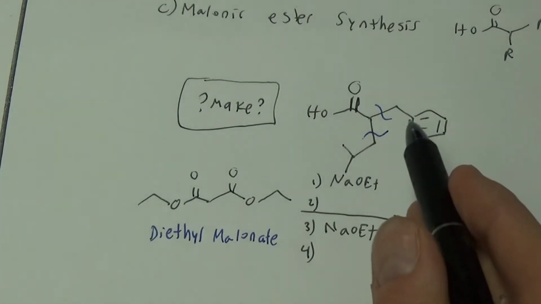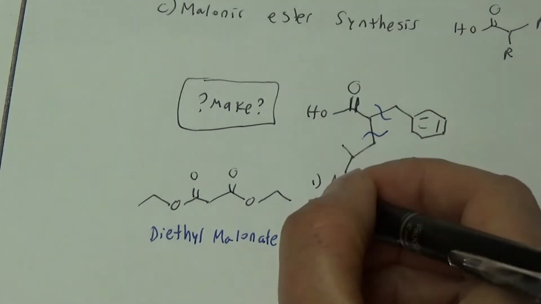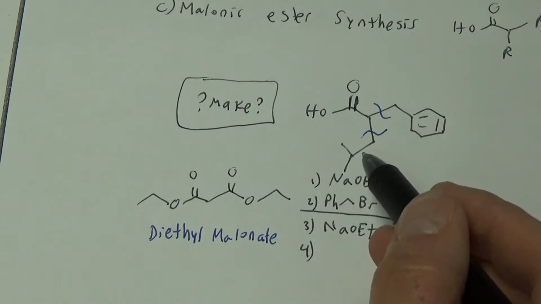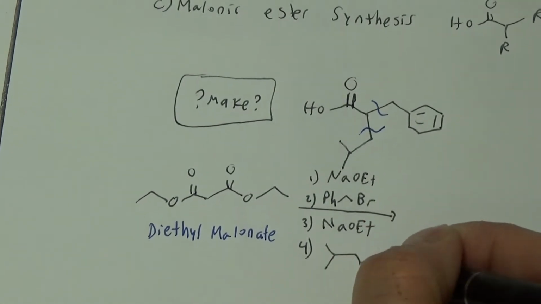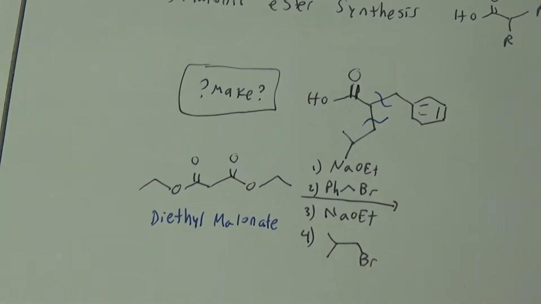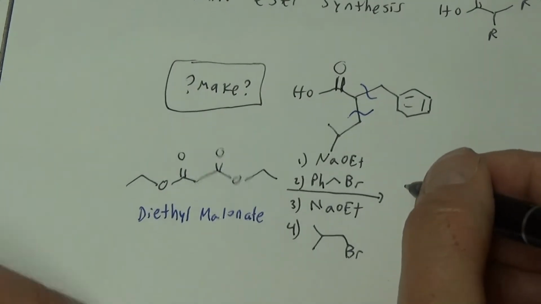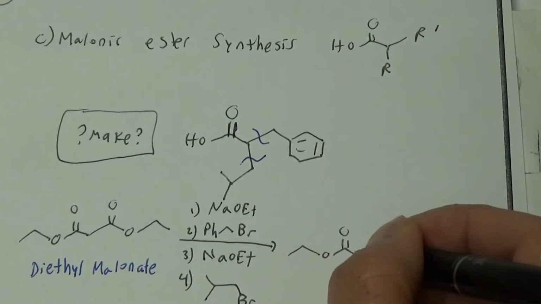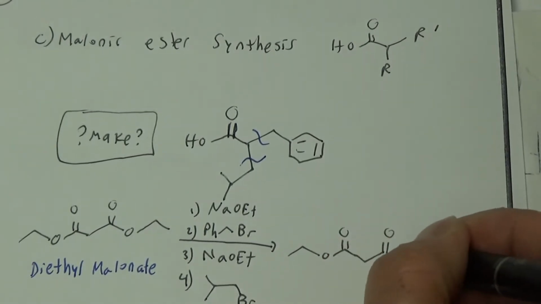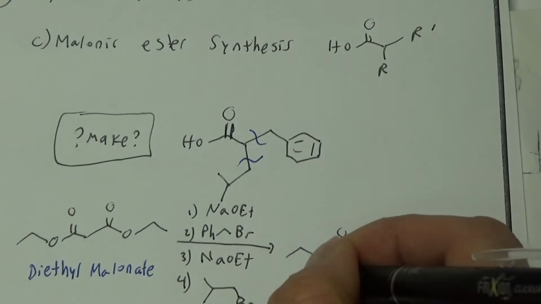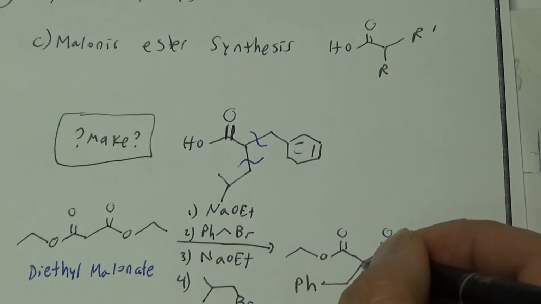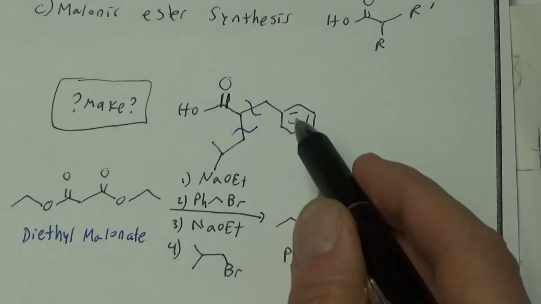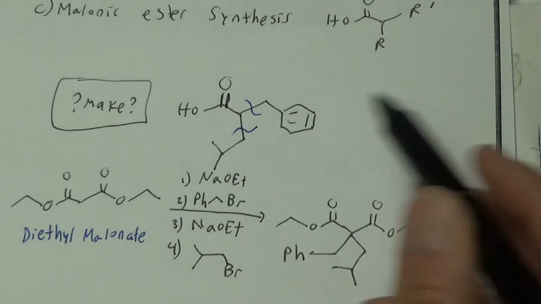Maybe we'll do benzyl, which is phenyl CH2, first, benzyl bromide, and then maybe the other one we'll do isobutyl bromide, and that attaches those 2 things. Alright, so that's the benzyl, which is the phenyl CH2, that's the isobutyl, which is right there.